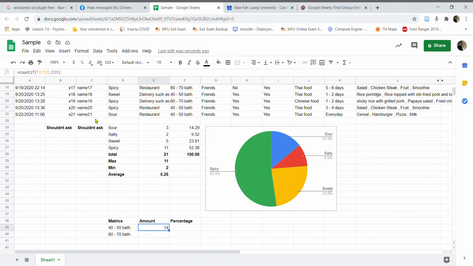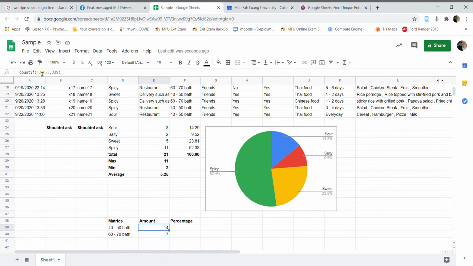Now I'm going to drag it down here. But that's not that easy, because you can see that the range changed as well. When I drag it, it changes to F3 and F23. I don't want that to happen.